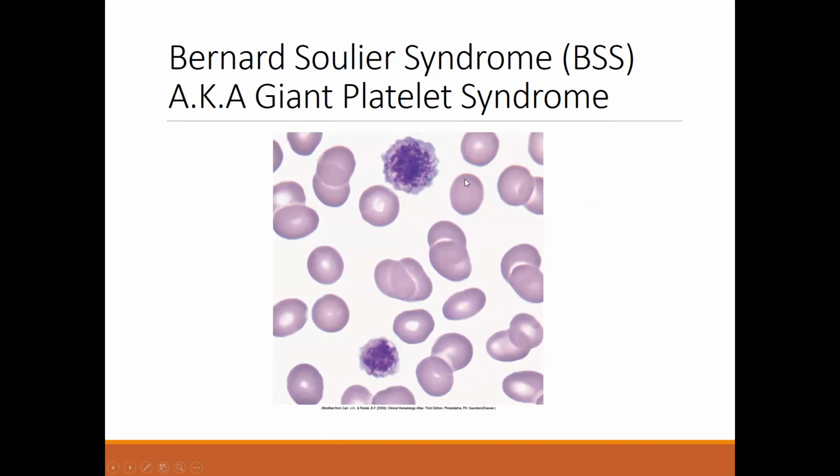So this would be a picture of high power field under the microscope. And when the platelets are the size of a red blood cell or bigger, they're called giant platelets, okay? But these platelets here look like your typical platelets, they're just giant in size.